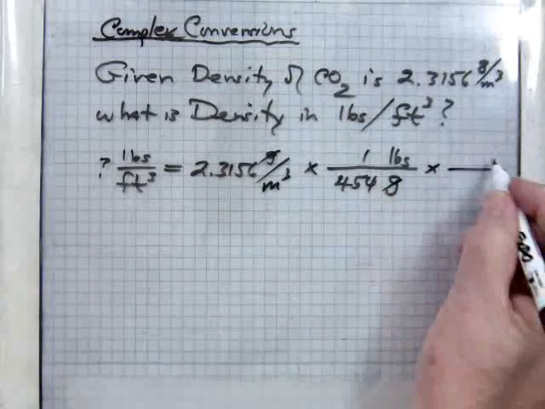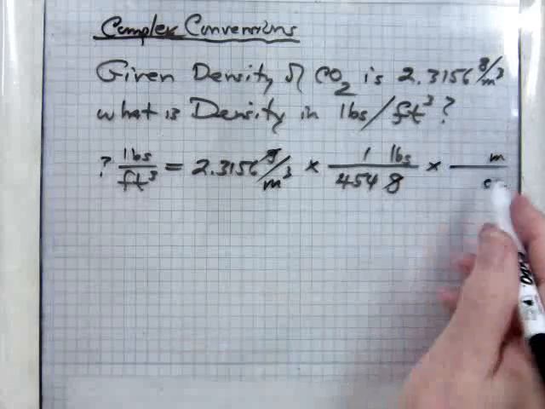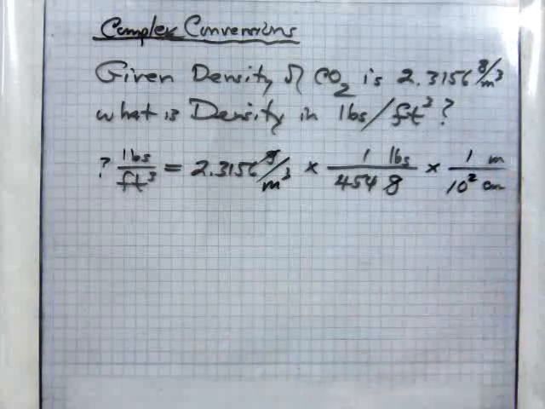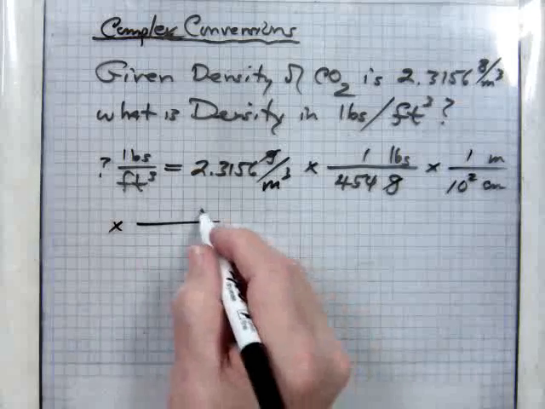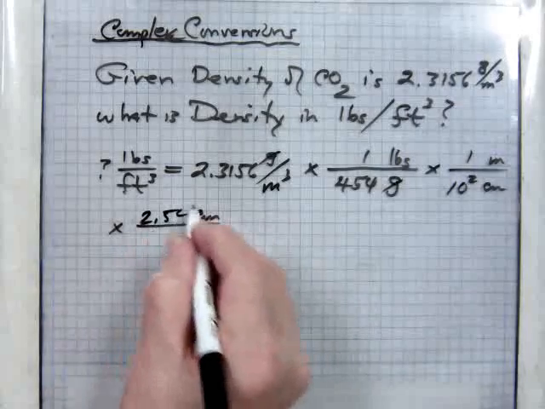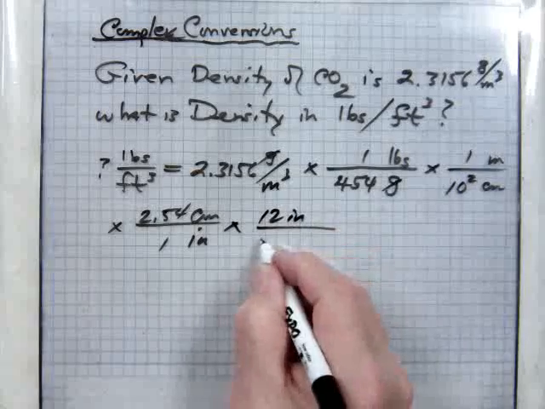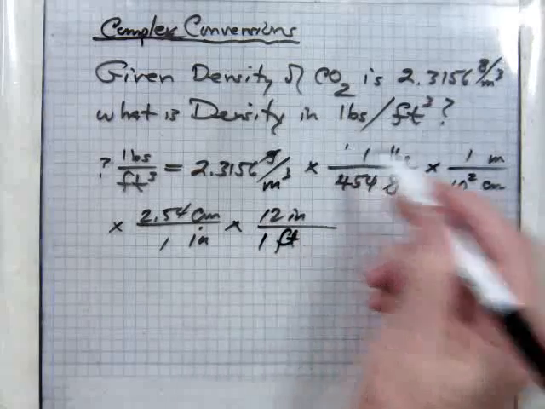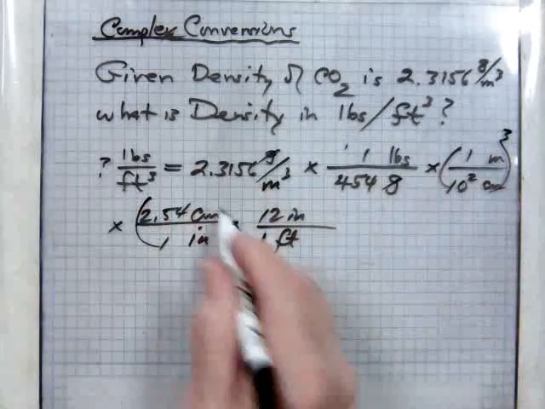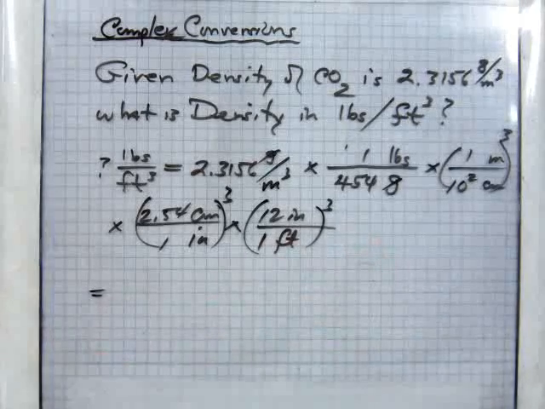And so I want to get rid of my centimeters. I can go through inches and stuff. So we go centimeters to inches, 2.54 centimeters in an inch, and then 12 inches in 1 foot. Now go back and we want cubic values, cube and cube. Then you set up your map.